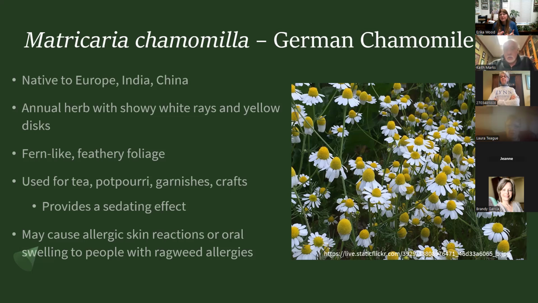It has this fluffy, feathery foliage, very deeply dissected leaves. And so primarily when people are growing this, they're using it for the purposes of making tea because it has that sedating effect. It's very calming.